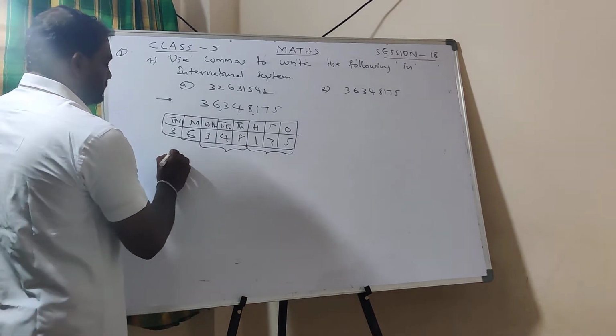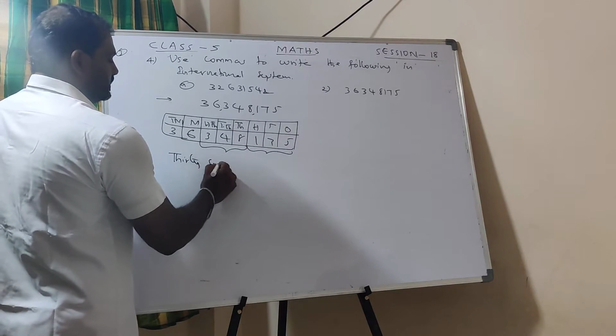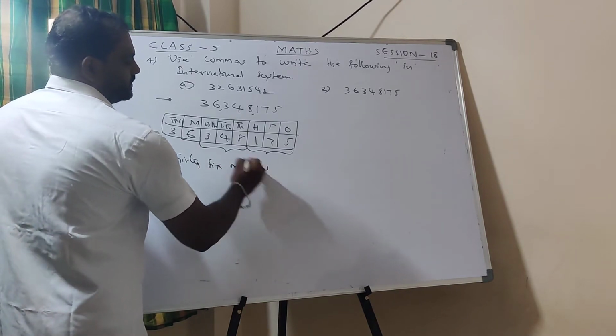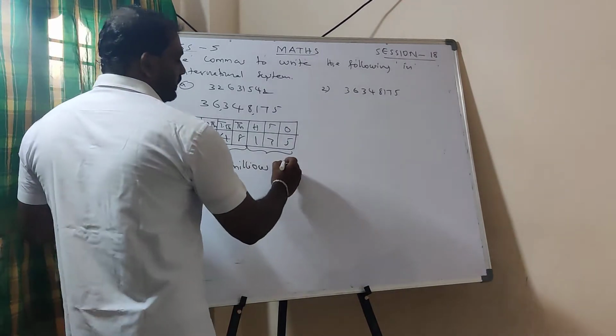So this is 36 millions. How many hundreds? 348 thousands.